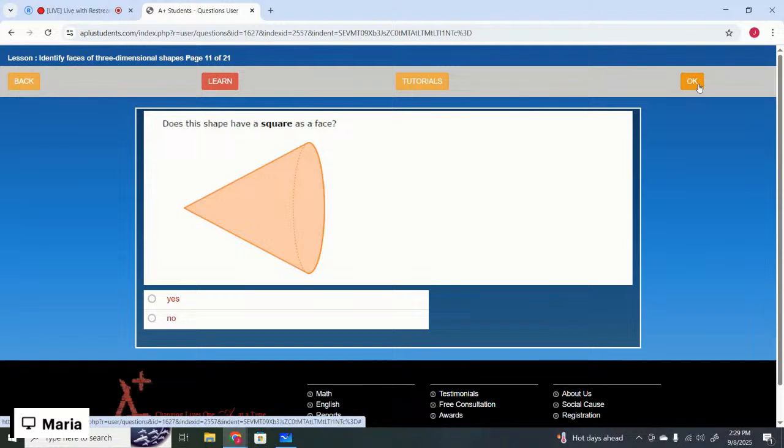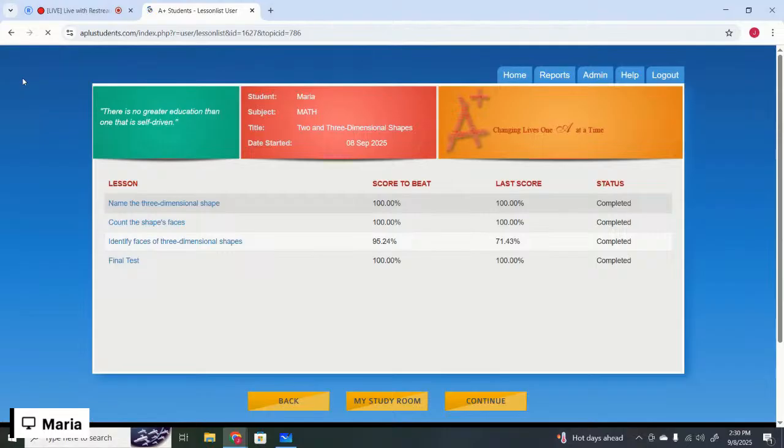Does the shape have a square as a face? The correct option is no. Okay, you can complete the lesson by yourself later today.